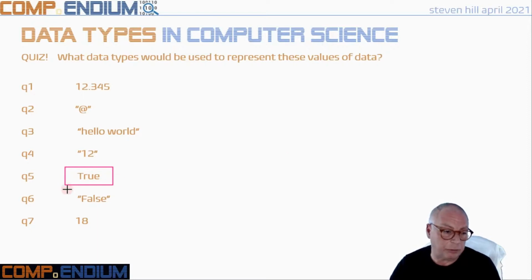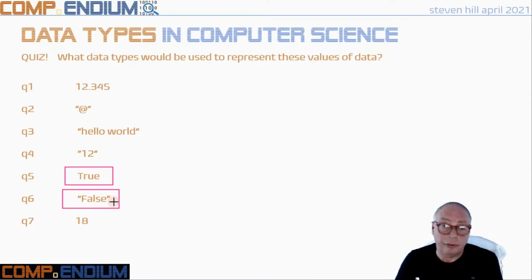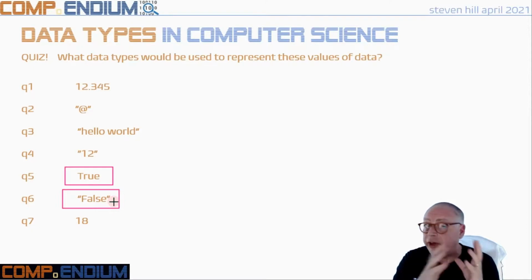Now this one, I'm going to leave the box there. Compare question 5 and question 6. So false, straight away you'd think, oh, that's a Boolean. But because I put quotes on either end, I am insisting that it's actually part of a string data type. Because I want to use false in terms of everyday communication, the spoken word, a sentence, a paragraph, whatever. I want to use false in that context, not as a Boolean data type.